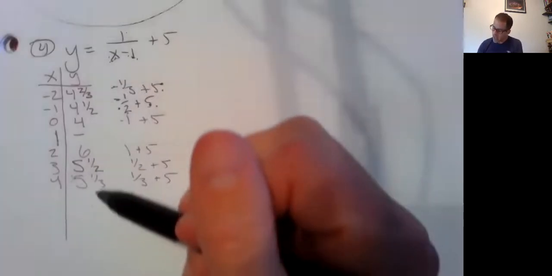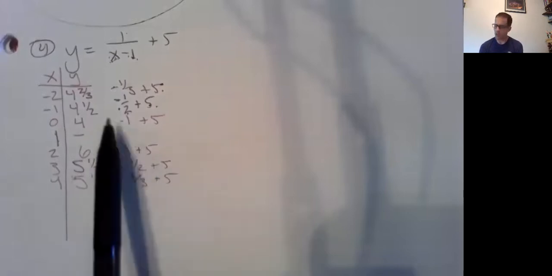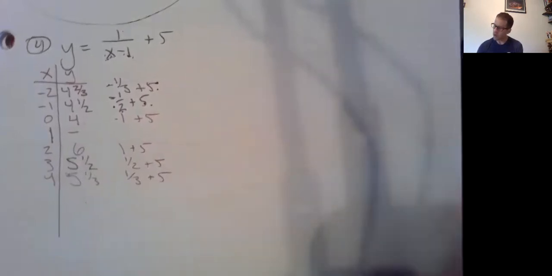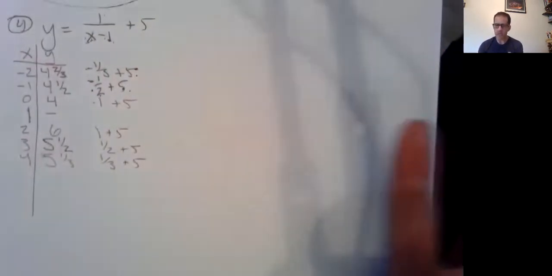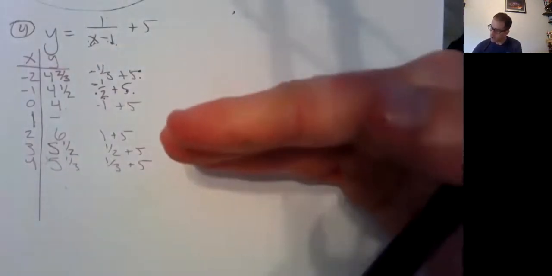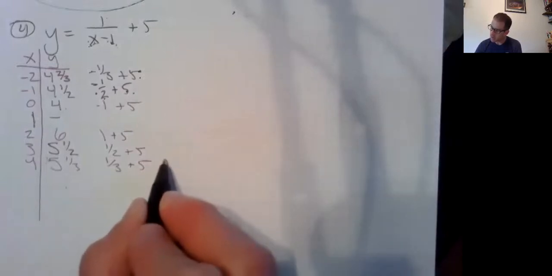Do I have any negative numbers on the points that I chose? No. In fact, the smallest value for y is 4. So, I guess I don't really need a negative axis over here for my y's. So my x's can go here, but I want to go up to 6.